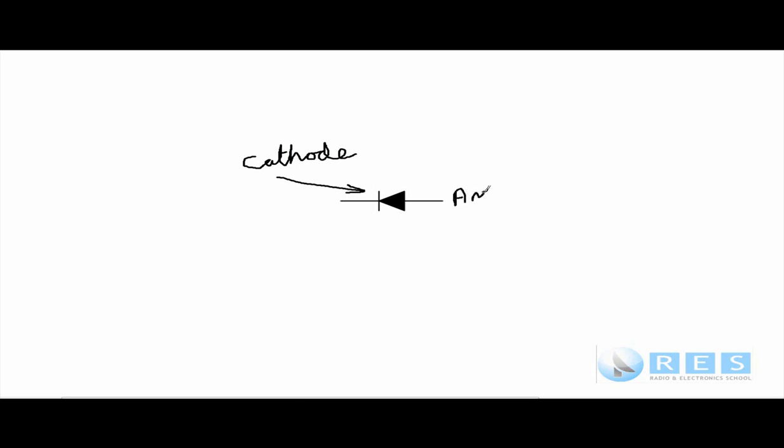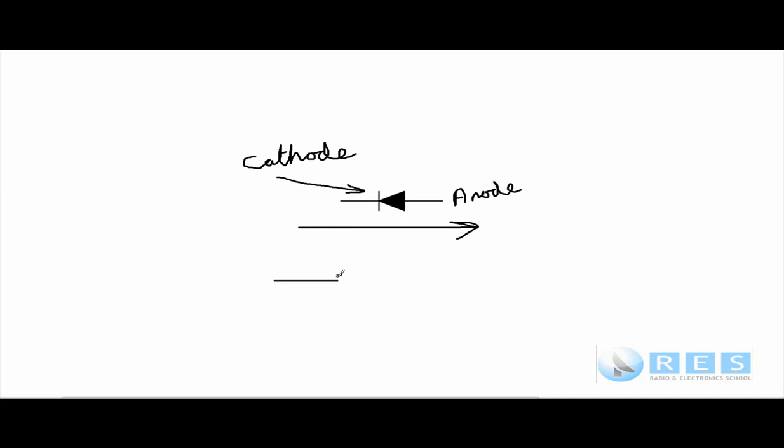For a diode to conduct, negative must be placed on the cathode and positive on the anode, and that voltage must exceed 0.2 of a volt for germanium and 0.6 of a volt for silicon. And if you do exceed that voltage, there will be conduction in this direction from cathode to anode.